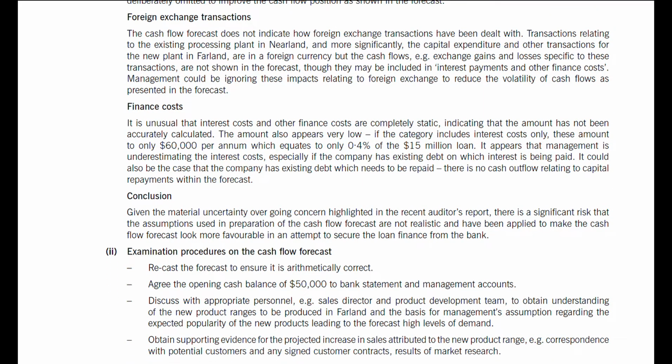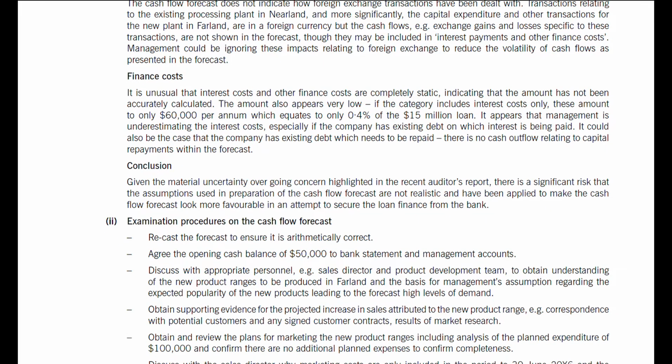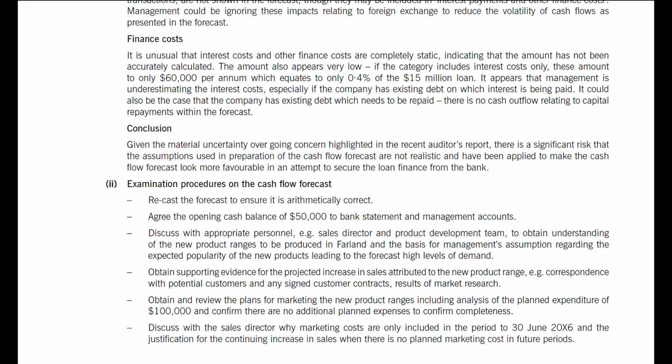Given the material uncertainty over going concern highlighted in the recent auditor's report, there is a significant risk that the assumptions used in preparation of the cash flow forecast are unrealistic and have been applied to make the cash flow forecast look more favorable in an attempt to secure the loan finance from the bank.